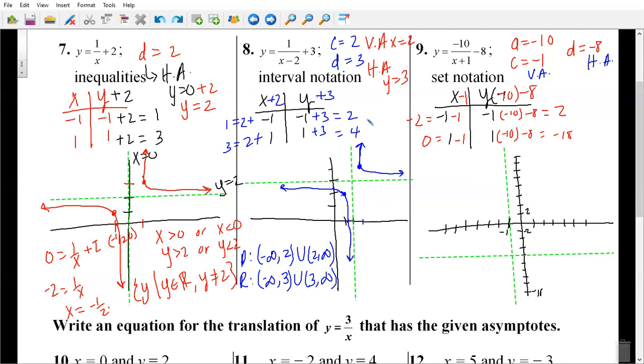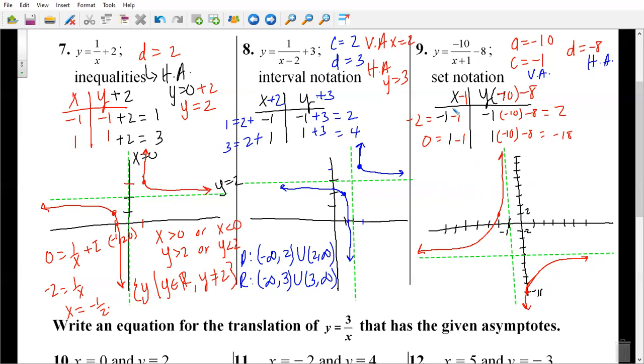I'm just going to follow my asymptotes. And then I'm at 0, -18, and follow my asymptotes. So you see I control my scale on my y-axis so that I could include the value, which is an important value because it's also my y-intercept.